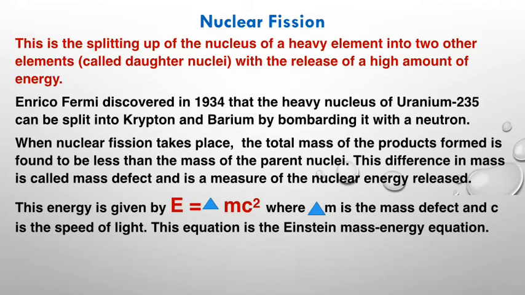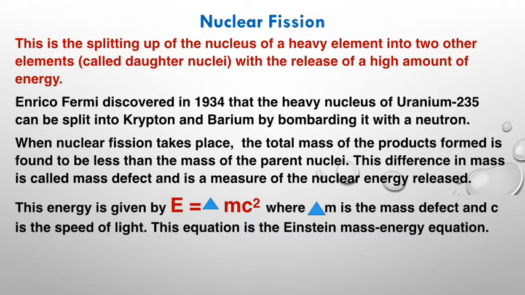The krypton and the barium that are formed from the uranium are called daughter nuclei. So when you split a heavy nucleus into two other nuclei, the 2 or 3 other nuclei that you have are called daughter nuclei.